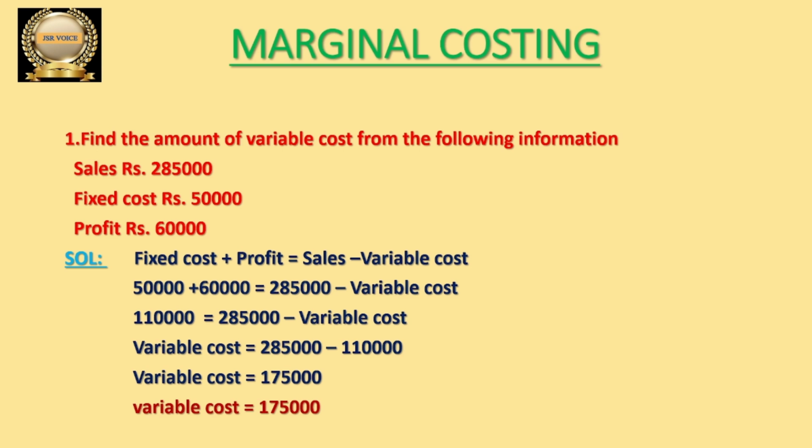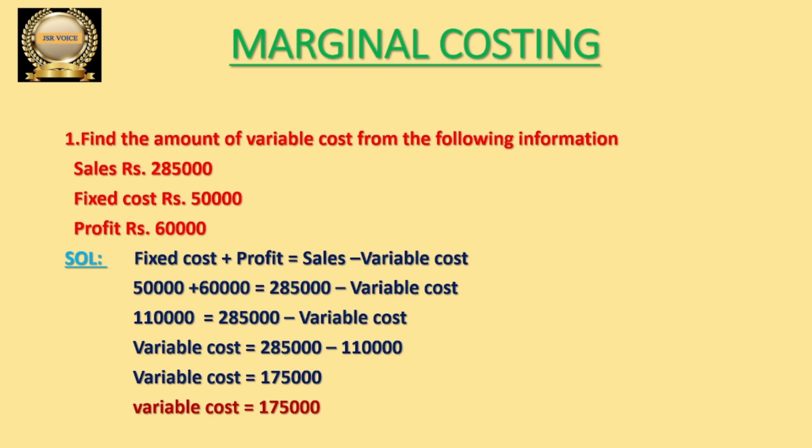Let us substitute the values here. In the place of fixed cost, 50,000 is given in the question, so I have written 50,000, plus in the place of profit 60,000, is equal to, in the place of sales I have written 2,85,000 because in the question we have sales 2,85,000.